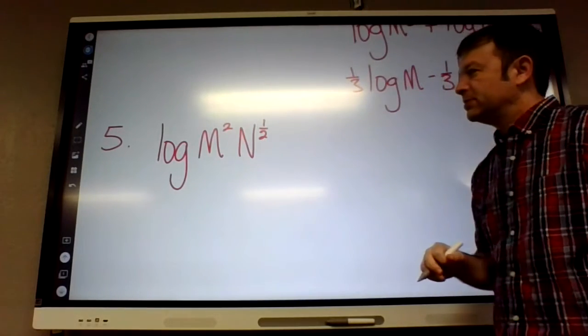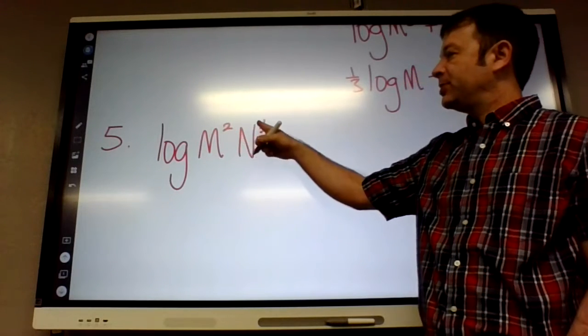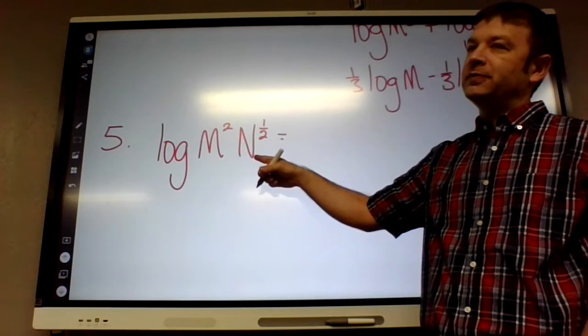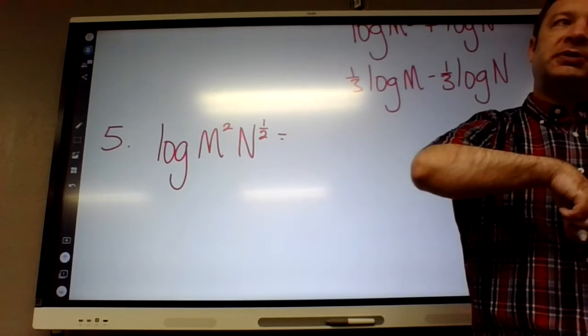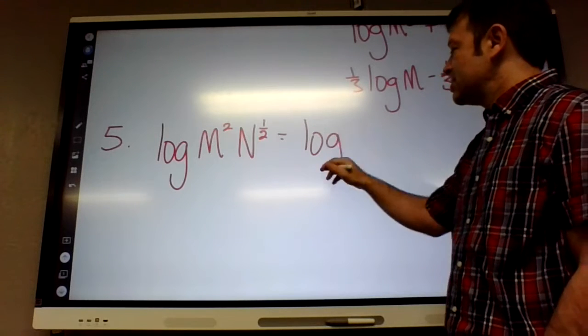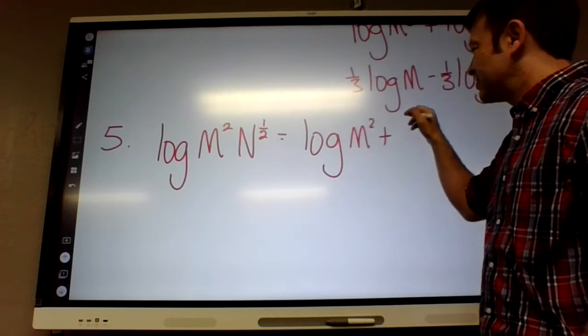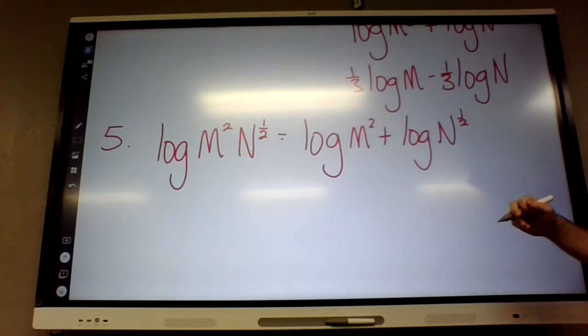So it's going to be log of m squared plus log of n to the 1/2, but then the exponents are going to move to the front. Can I skip a step? Okay, I'll do it the long way. And then the exponent moves to the front.